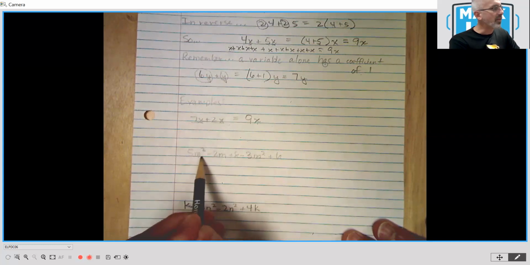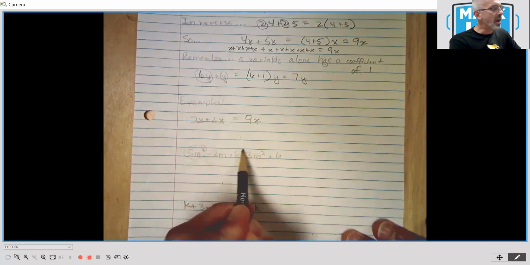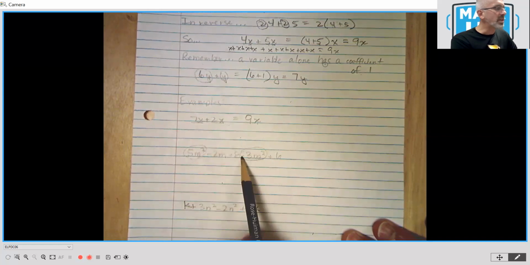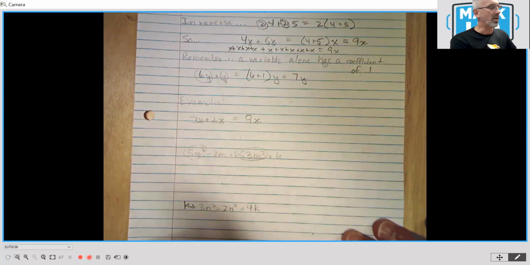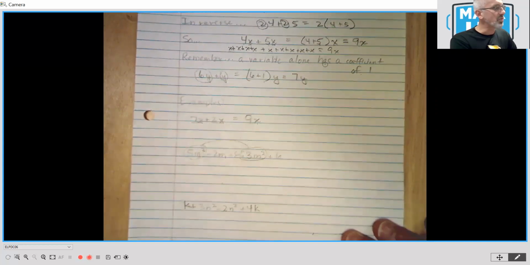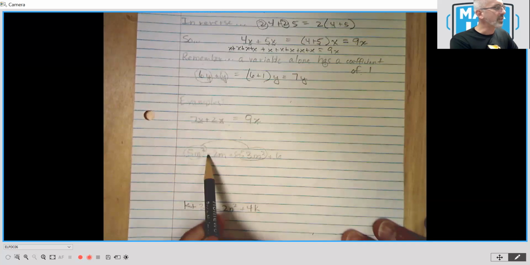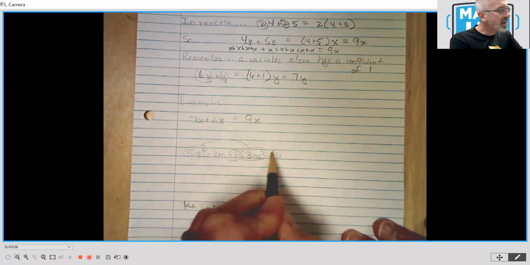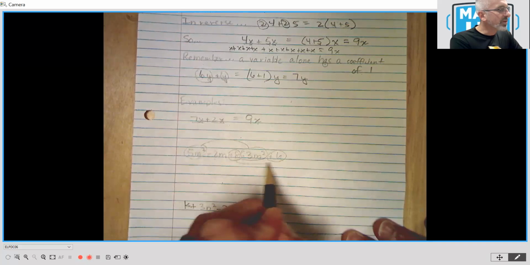Here we have a term that has an m squared, 5m squared, and here we have another one with m squared. We are going to keep this minus sign; this is going to become a negative sign eventually. We have a minus 2m here, and we don't have anything else to combine with it. But then we have an 8 and a 6 over here.